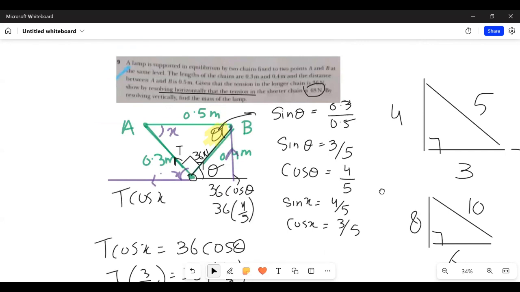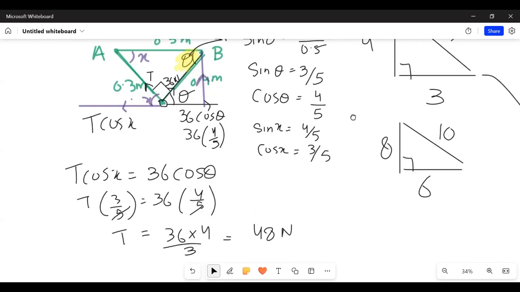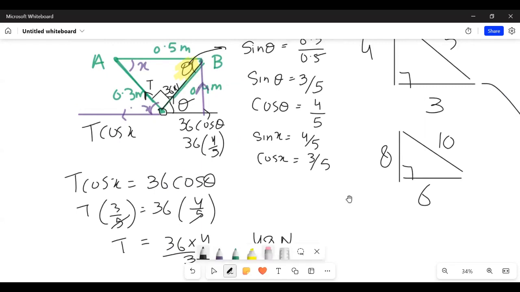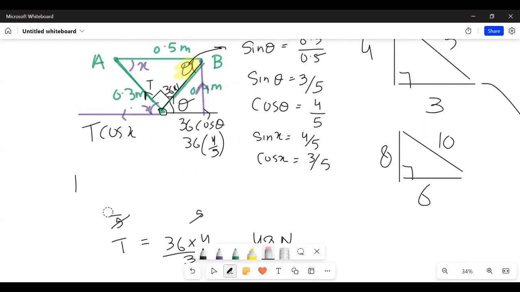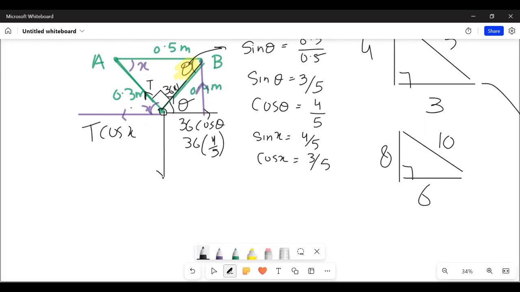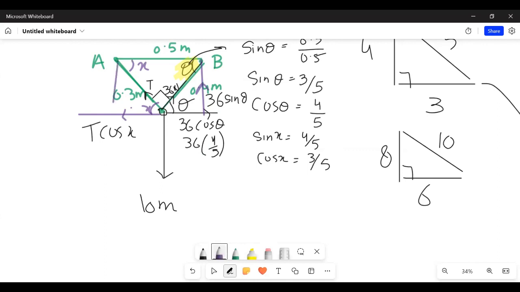Next it says, find the mass of the lamp. Okay, so the weight is going to point downwards, and we will say that's a 10M force acting downwards. But countering that are 2 vertical forces. One of them is 36 sine theta, and the other one, pointing upwards, is T. T came out to be 48, and this one will be sine x.